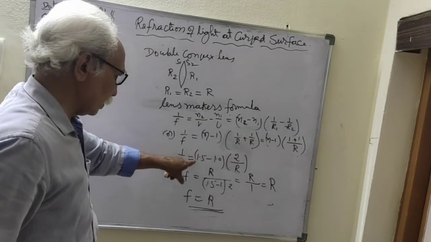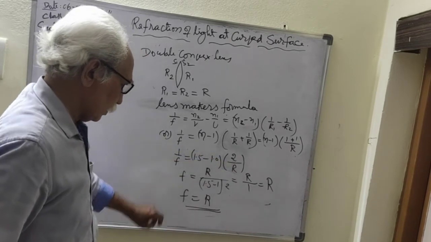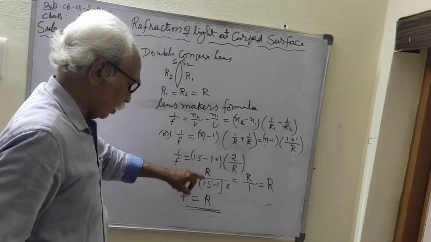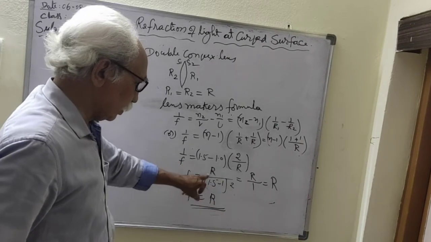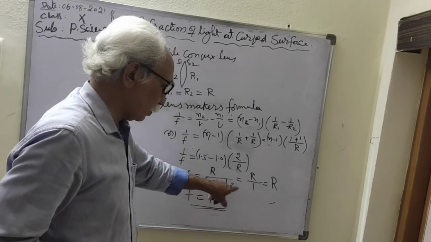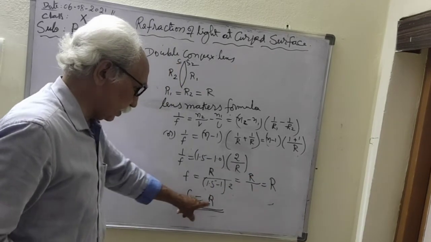So 1 by f is equal to 1.5 minus 1 into 2 by R. So f is equal to R by 0.5 into 2, that is R by 1, which is equal to R. Therefore f is equal to R.